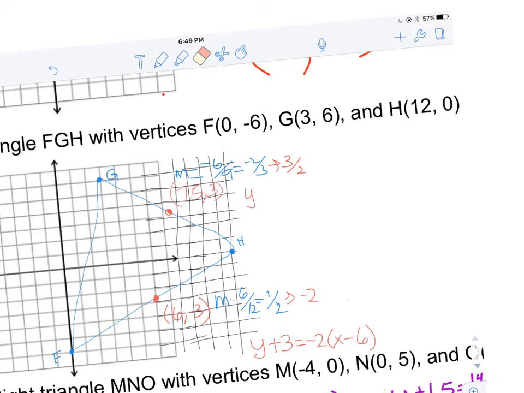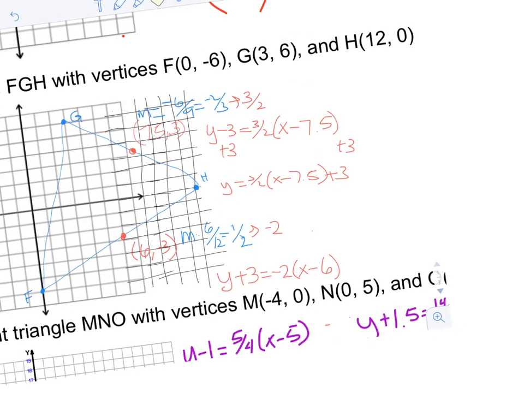So I have y minus y1, which is 3, equals my slope, 3/2, times x minus x1, which is 7.5. I'm going to make sure that my equations start with y equals. So I'm going to move that 3 over and I get y equals 3/2 times x minus 7.5 plus 3.